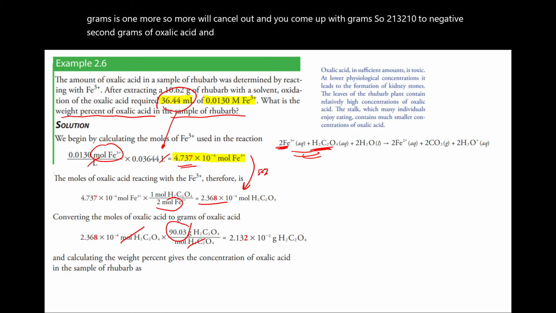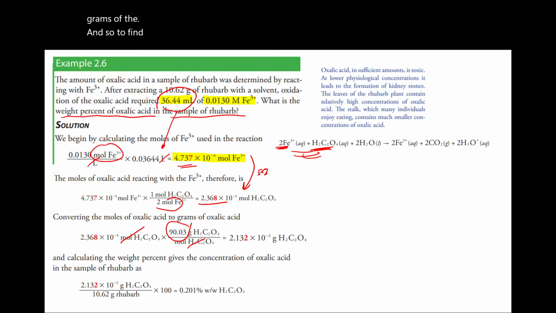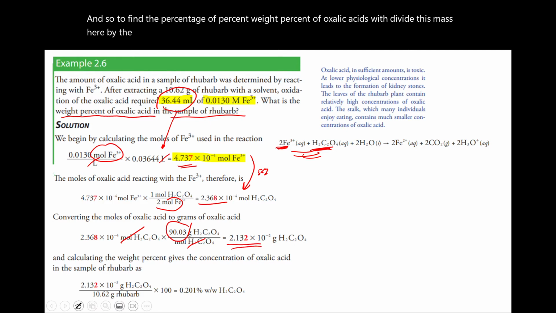Again, this much oxalic acid is obtained from 10.62 grams of the rhubarb. To find the weight percent of oxalic acid, we divide this mass by the mass of the sample, 10.62, and multiply by 100. That will give you 0.201% weight per weight oxalic acid.